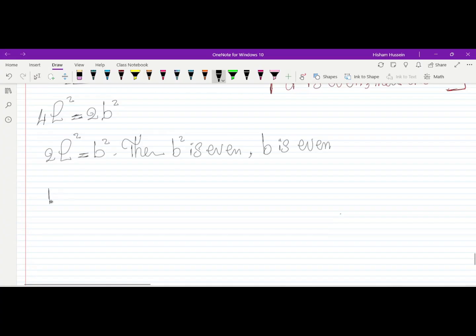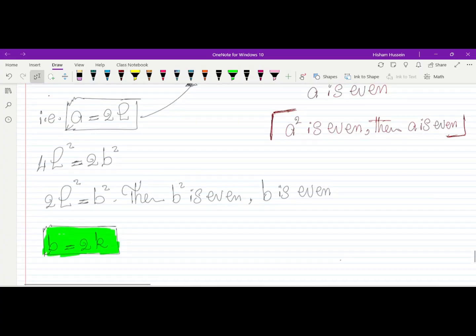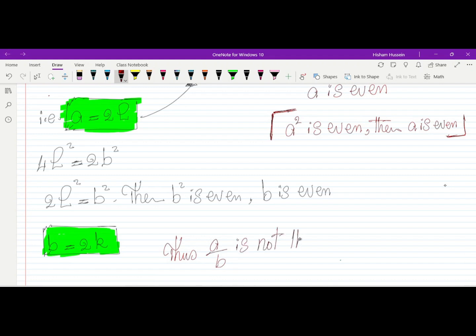So b can be written as 2k. And substitute. Now we have two important points: b equals 2k and a equals 2l, which means that a divided by b is not in the simplest form.